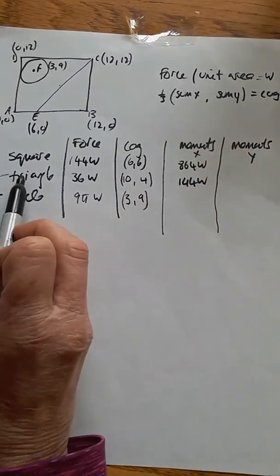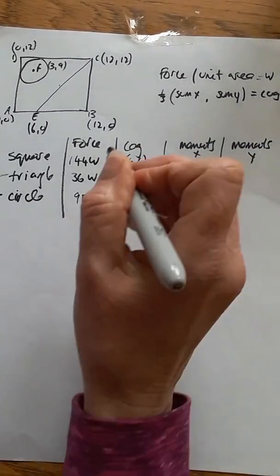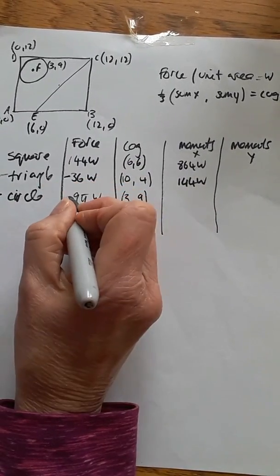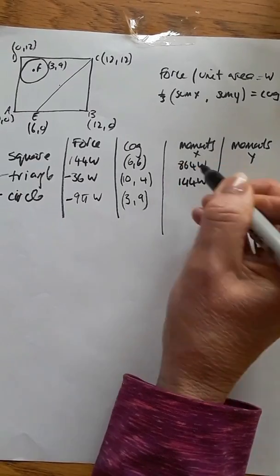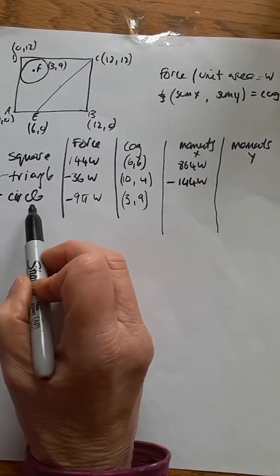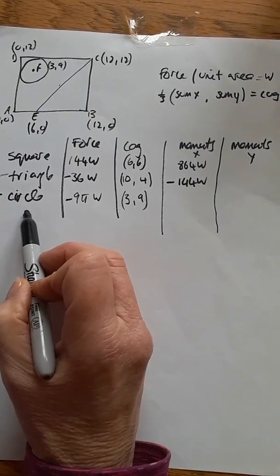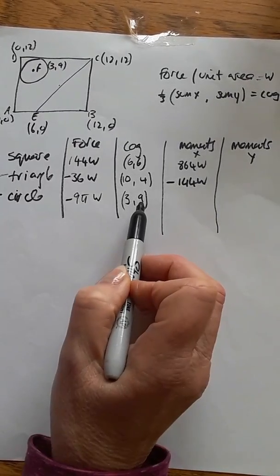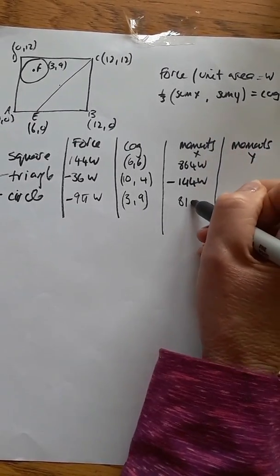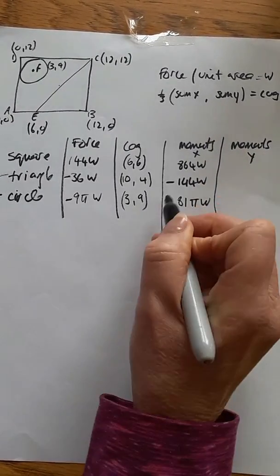Because the triangle was removed, these numbers, which I didn't put in, should be minus, because the triangle and the circle are being removed. The moment for the circle about the x-axis, I'm going to multiply 9 pi by 9, which gives me 81 pi W, and again it's removed, so it's minus.